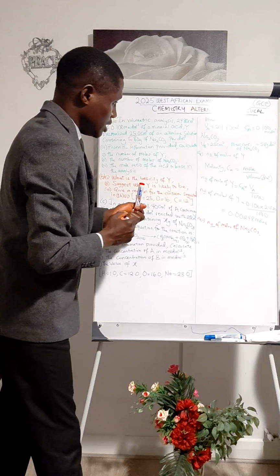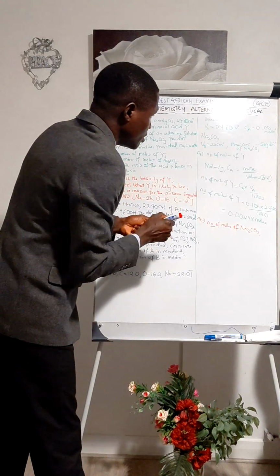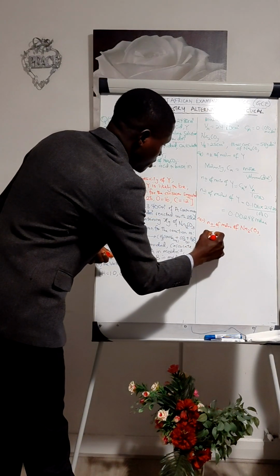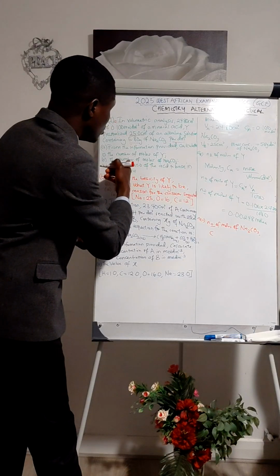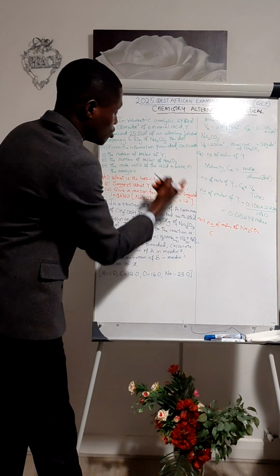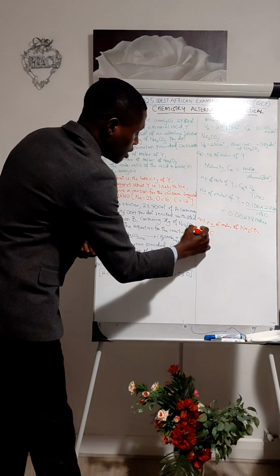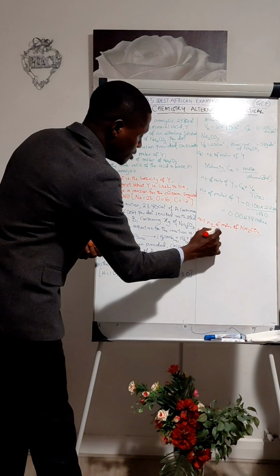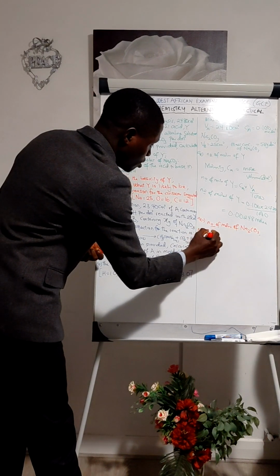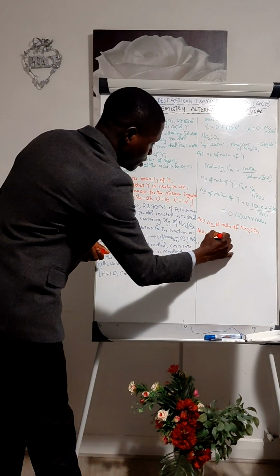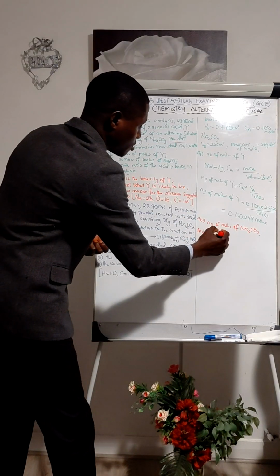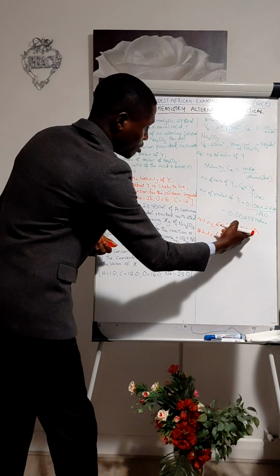We know that molarity is always, in this case, you are looking for the number of moles of sodium trioxocarbonate(IV). So it's going to be what? To use the formula, molarity CB now, because we are looking for B. I use B to denote sodium trioxocarbonate(IV).